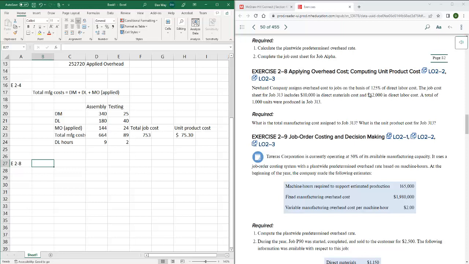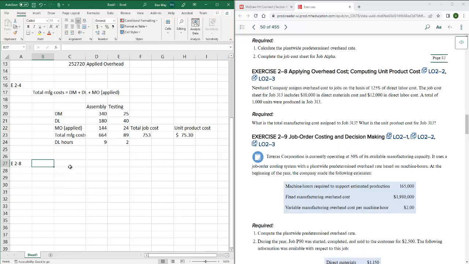So here we're told the job cost sheet for this job 313 includes $10,000 in direct materials, $12,000 in direct labor, and a total of 1,000 units were produced in that job. So we just want to know what's the total manufacturing cost assigned to job 313, and then once again, what's the unit product cost.